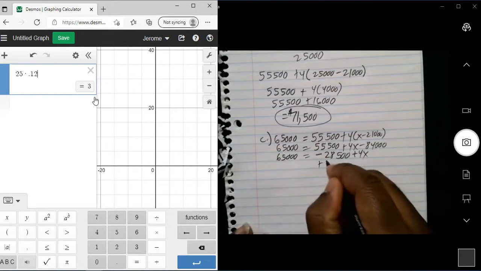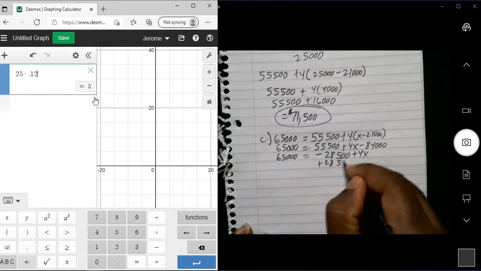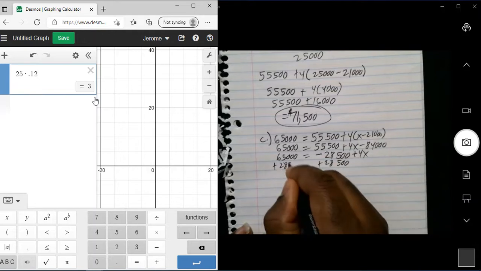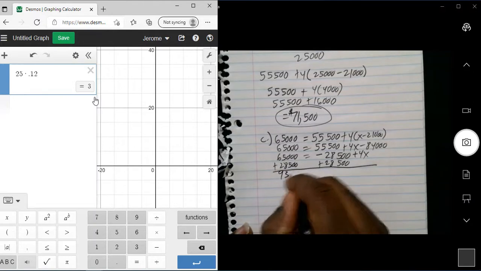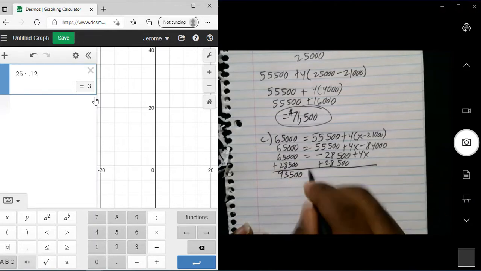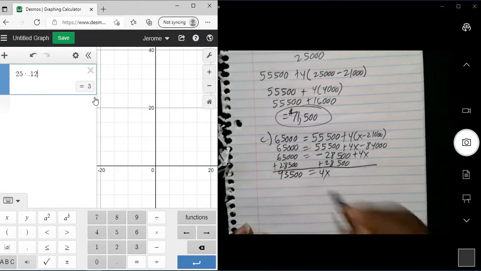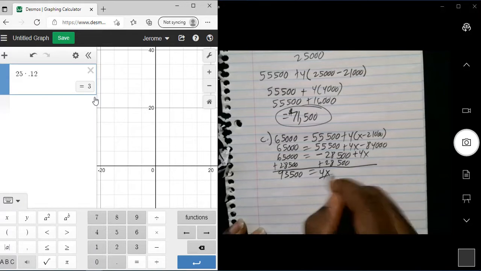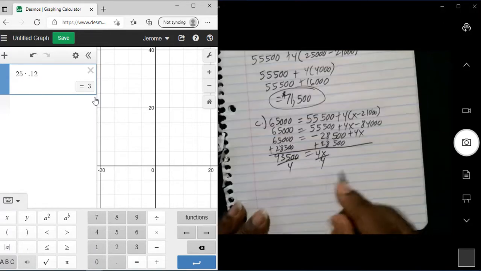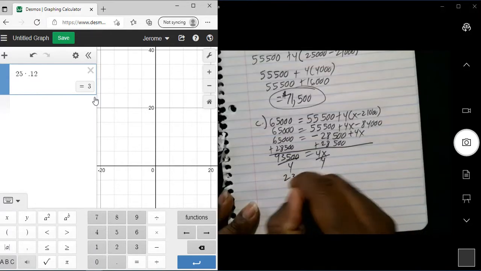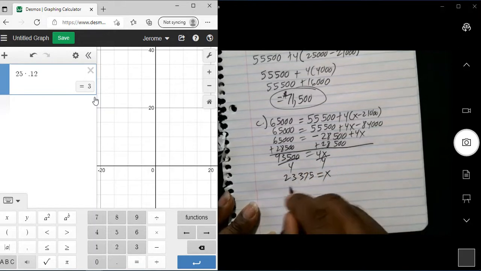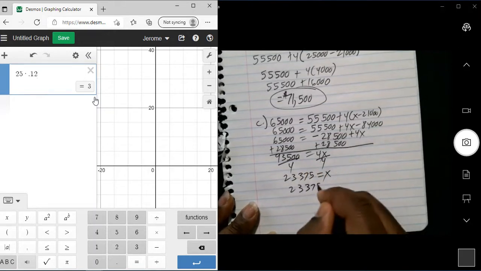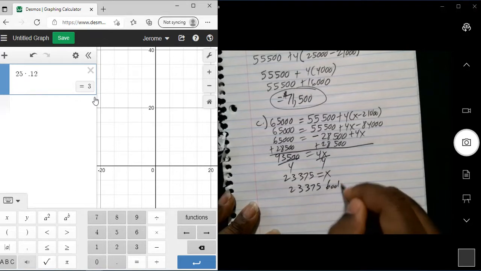Now we would add the 28,500, and this would be 93,500 is equal to 4x. Divide each side by 4, and it'll be 23,375 is equal to x. So you need 23,375 books sold.